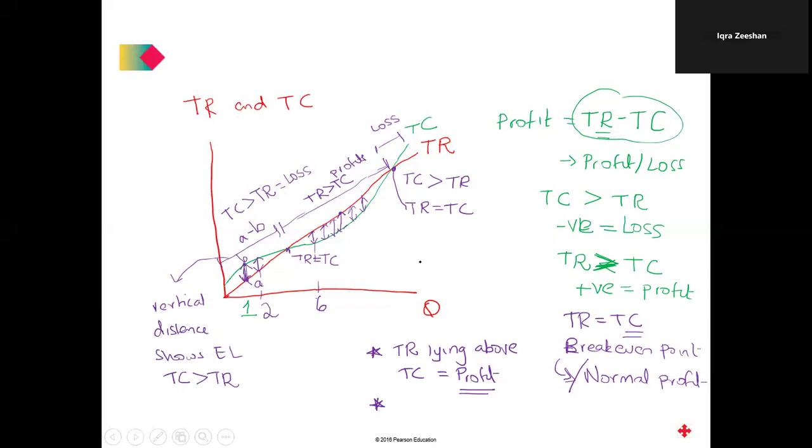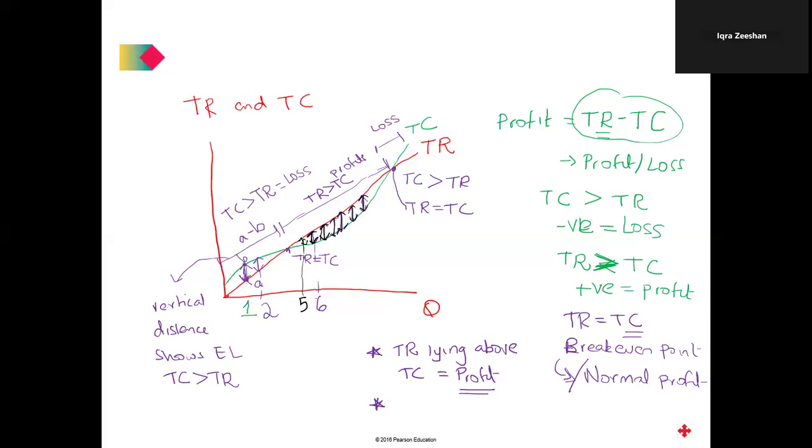Now this is represented by the distance. All these vertical distances represent profits at each level of production. So for example, at the fifth level of production, the profit is given by this vertical distance, by this point over here and this point over here.